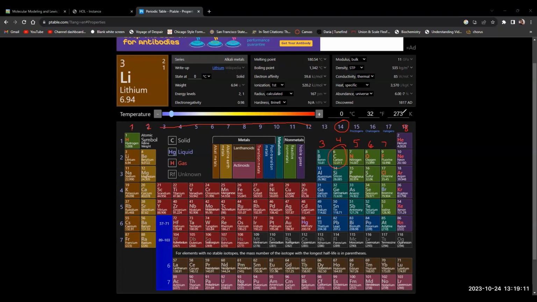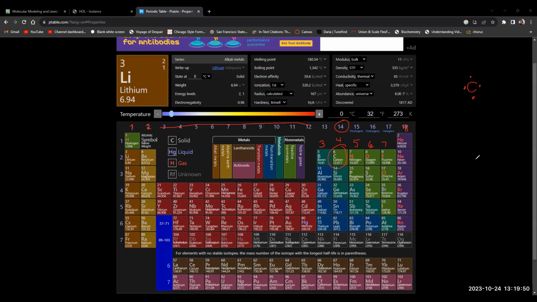So each group is trying to be like the noble gases. So carbon has one, two, three, four. So it's 4 away from having 8. And one way atoms can reach the 8 is by sharing electrons with other elements. So reaching 8 is what's called an octet.